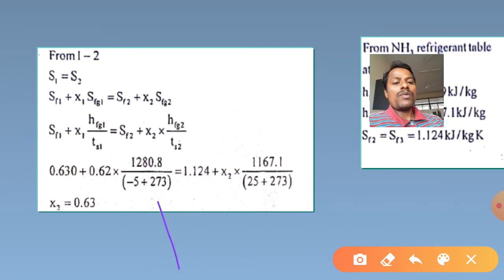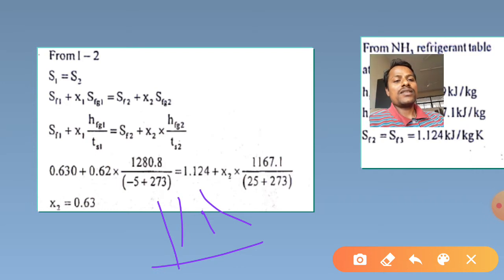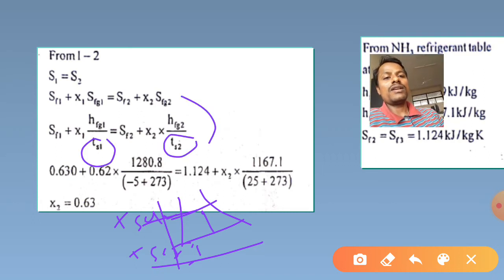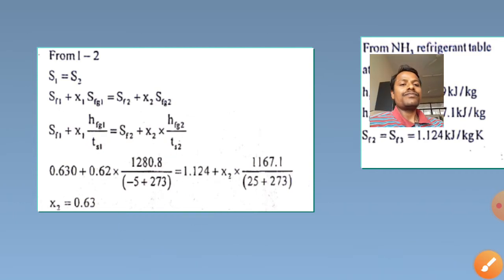For the present problem, here is the saturated liquid line and the saturated vapor line, and the 1 to 2 process. State 1 is at the saturation temperature of the evaporator, and state 2 is at T saturation 2. So we have T saturation 2 for state 2, T saturation 1 for state 1, and the corresponding HFG values also.